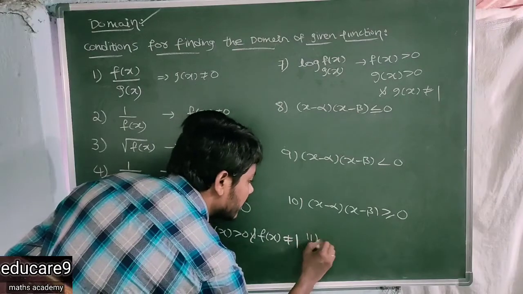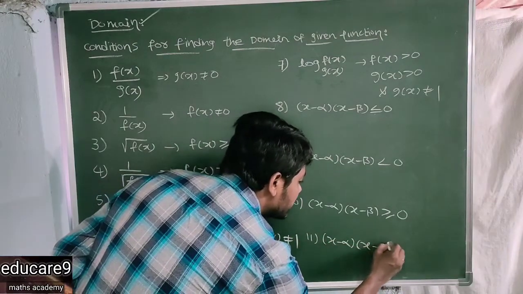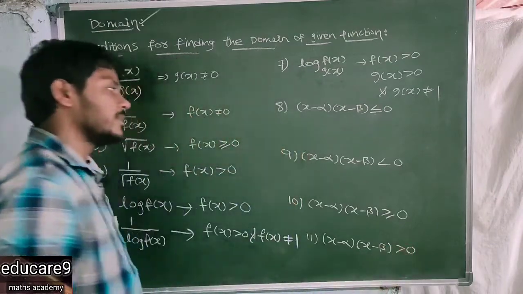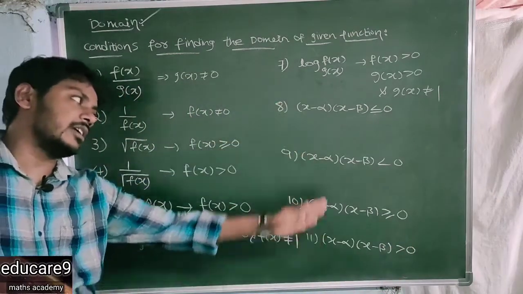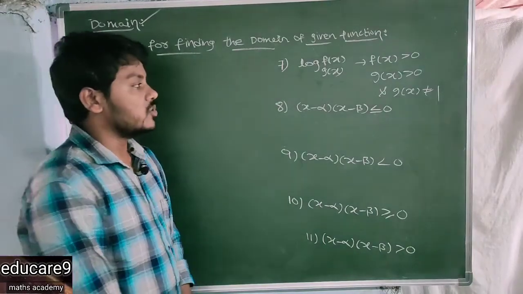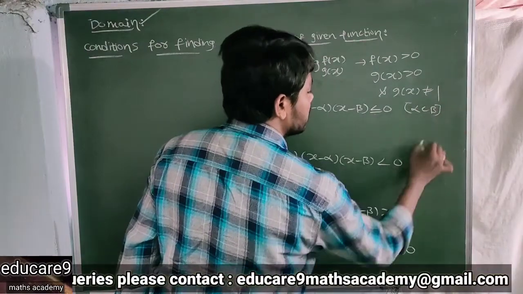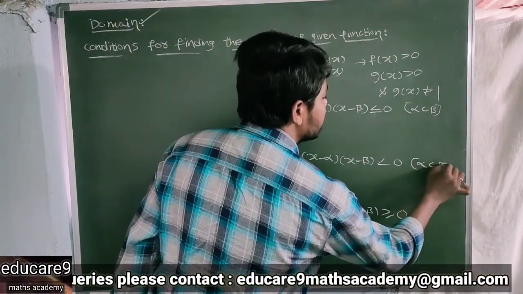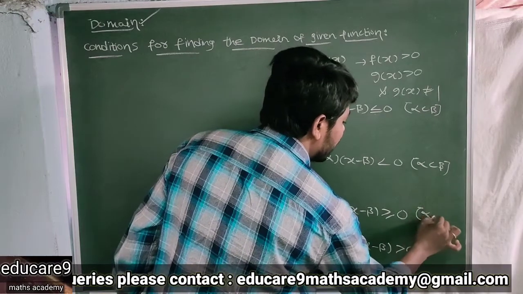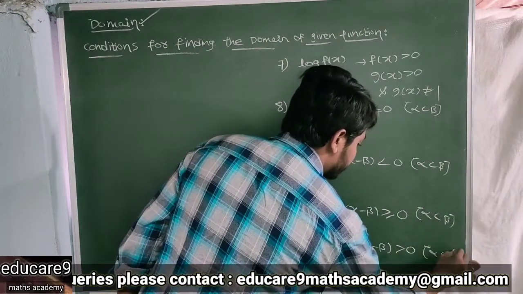The 11th one, x minus alpha into x minus beta is greater than 0. In all these inequations we have to find the x value. Here in all cases alpha is less than beta.